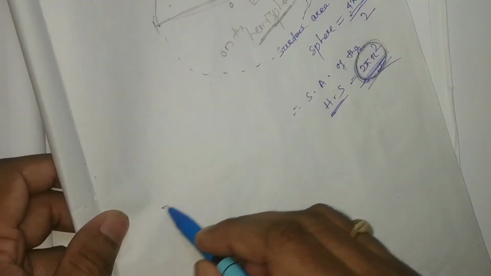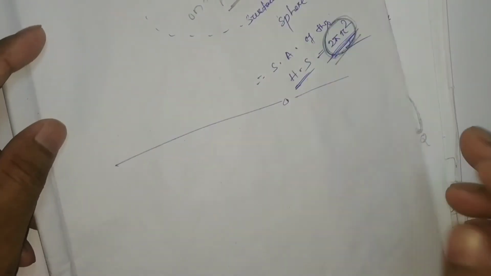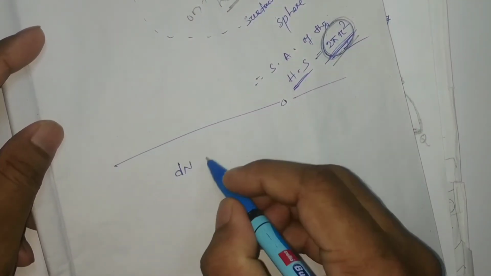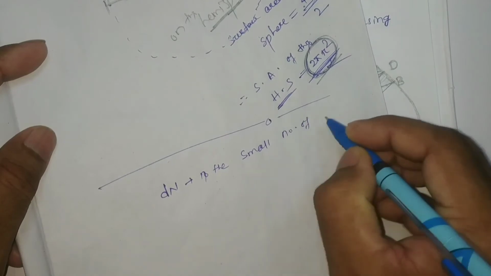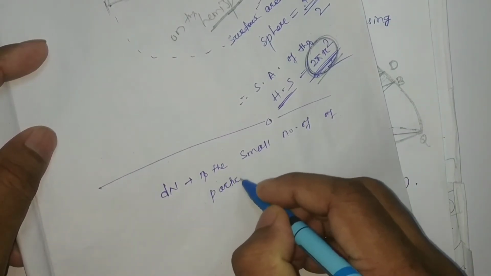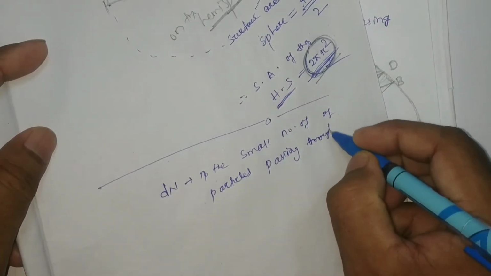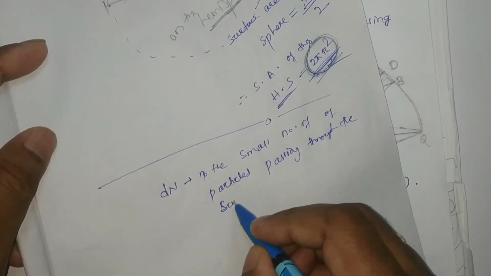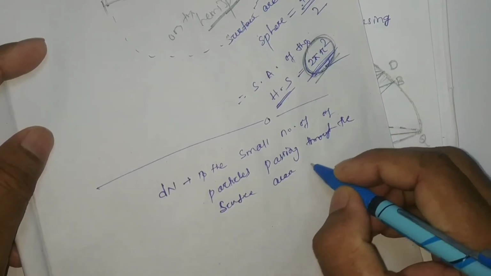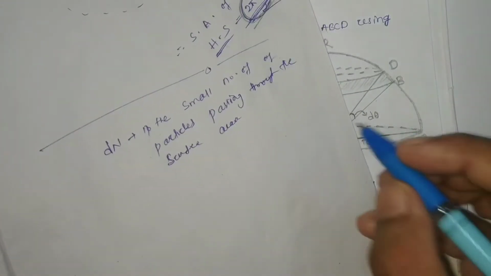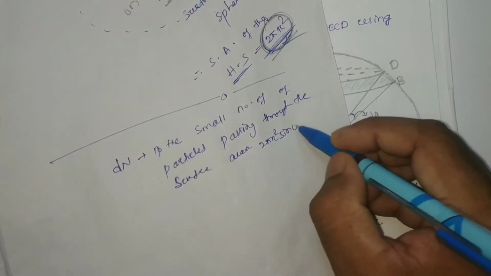So here, let dN be the small number of particles passing through the surface area of the ring, the surface area 2 pi r square sin theta d theta.